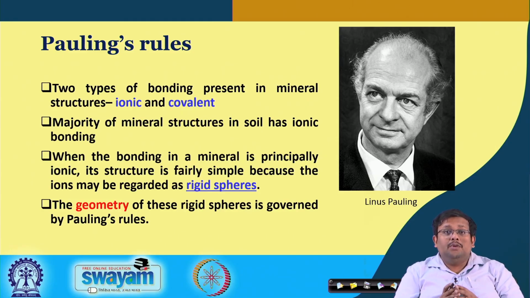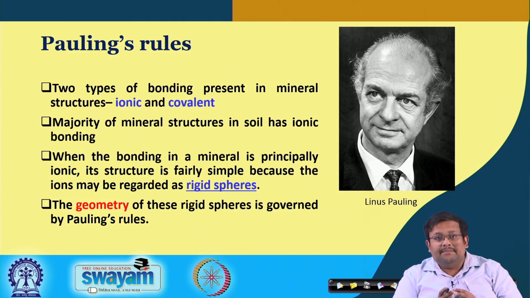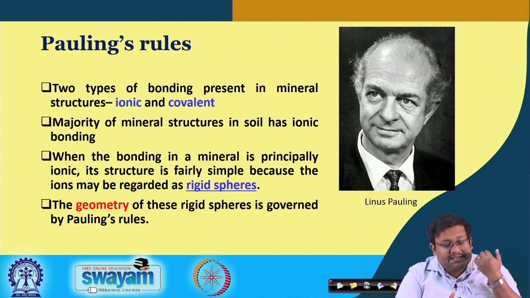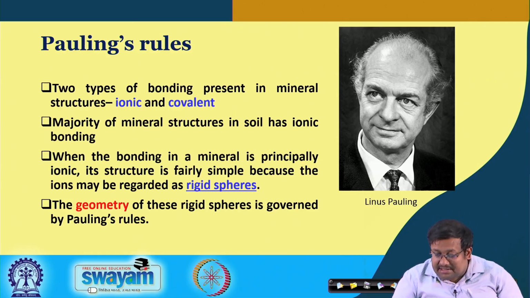We know that there are two types of bonding present in mineral structures. One is called ionic, another is covalent. Remember that the majority of mineral structures in soil have ionic bonding. When the bonding in a mineral is principally ionic, its structure is fairly simple because the ions may be regarded as rigid spheres.